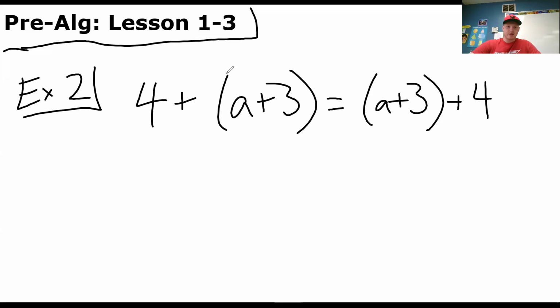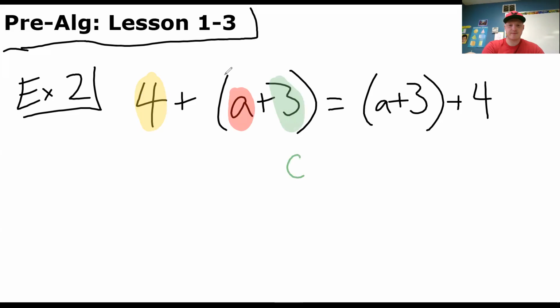First off, the commutative property only deals with A and B, so it's not that one because we have 3 different terms here. We have one term here, 4. We have a second term right here, A, and then we have a third term, 3. So we have an A, a B, and a C. Let's write those down.